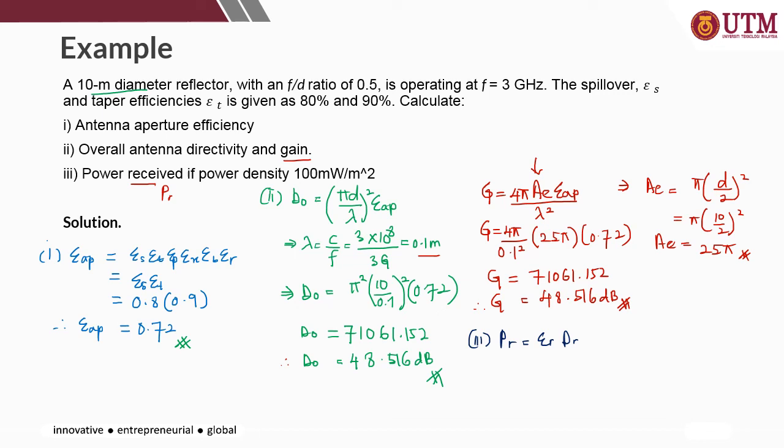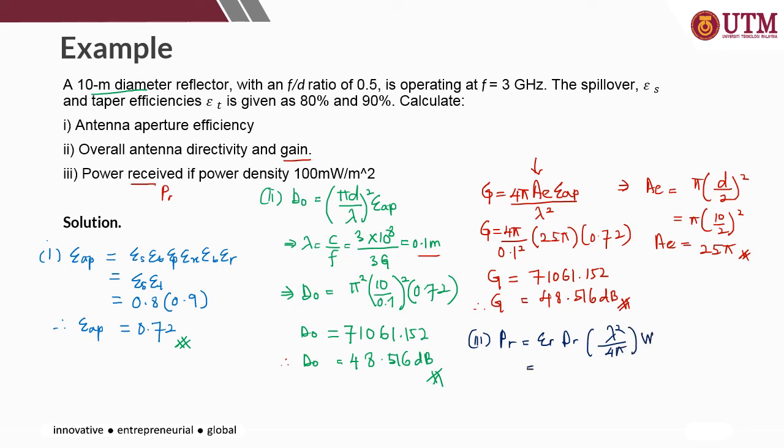In this case we only have one antenna, so it is the same as D naught, and then lambda squared over 4 pi, multiplied with the power density.